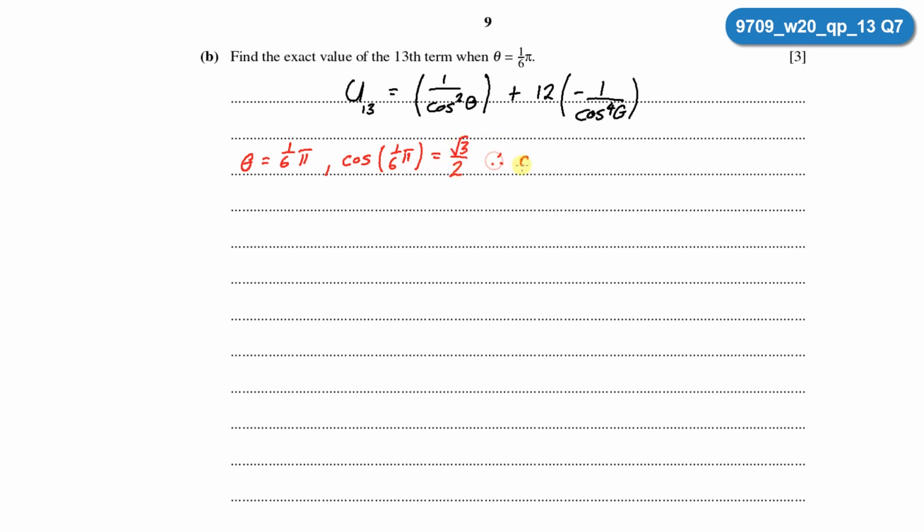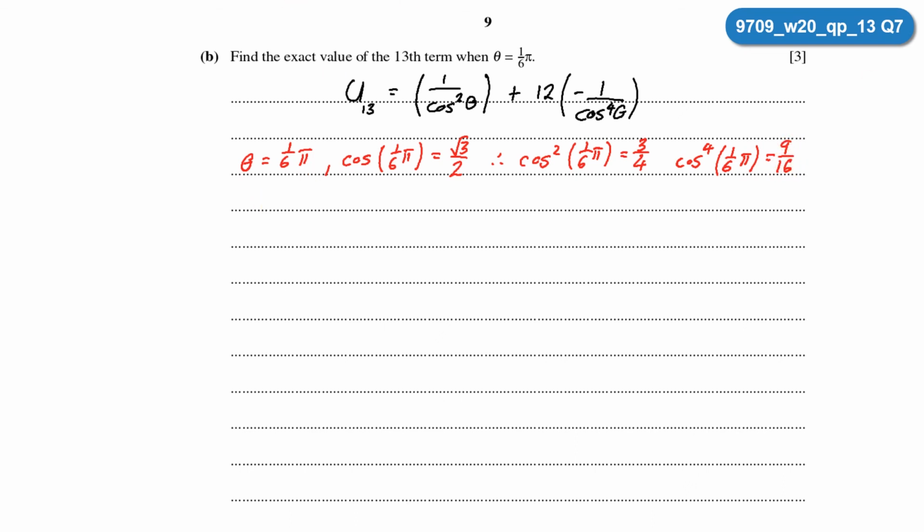And therefore, cos squared of a 6th pi, squaring this, should give us 3 over 4. And also, cos to the power 4 of a 6th pi, we again square this, so we get 9 over 16.